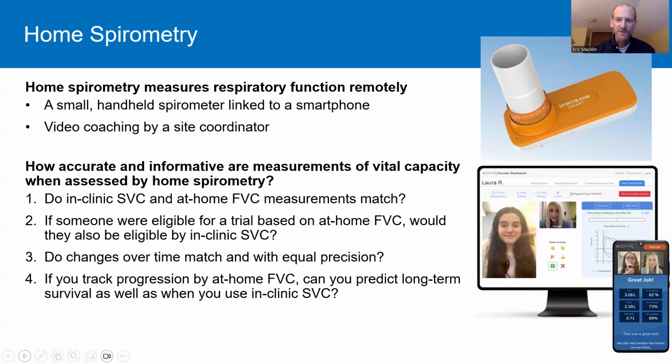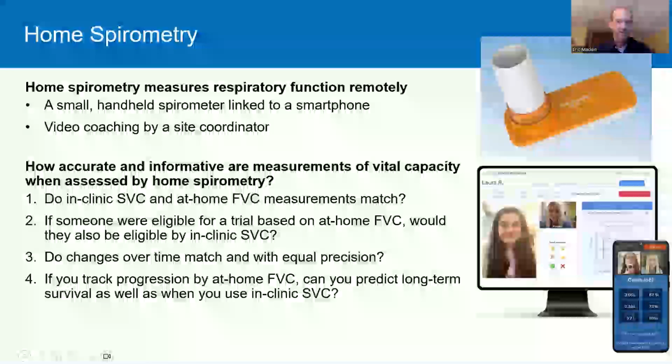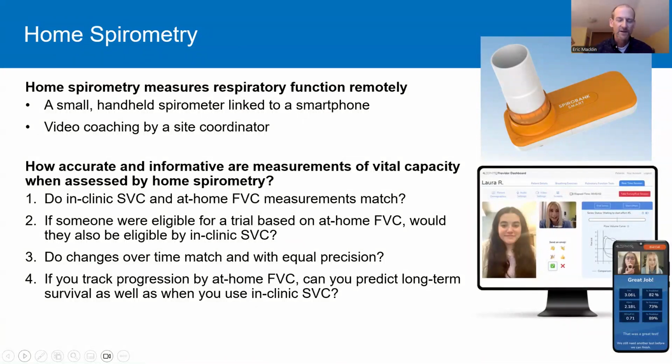If we were to substitute home spirometry for in-clinic spirometry, would that identify the right people to enroll in that trial? Again, as James mentioned, as an outcome measure in these clinical trials and as a way to track the effectiveness of clinical care, we want to know how these 2 measures change over time.